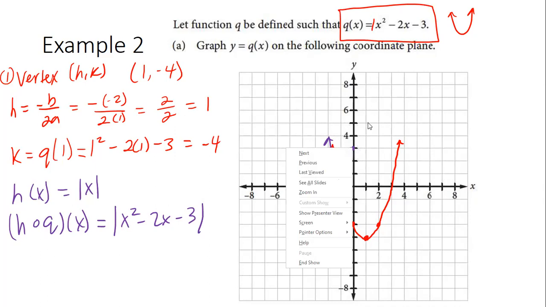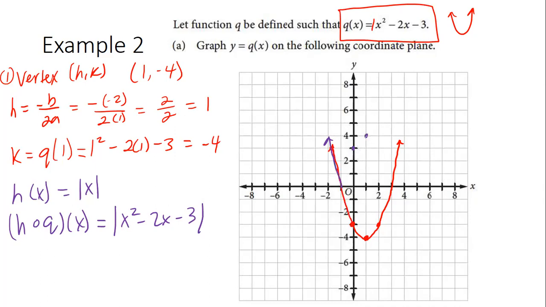Instead of -4, I'm at +4, instead of -3, I'm at +3. So now my graph is going to look like, and then this is not going to change. So it kind of looks like a W. I took all that was negative and I turned it into positive.